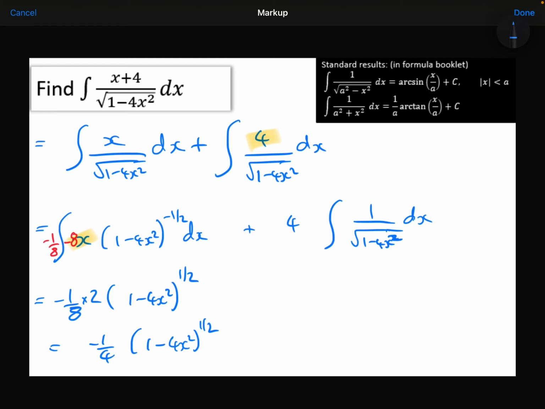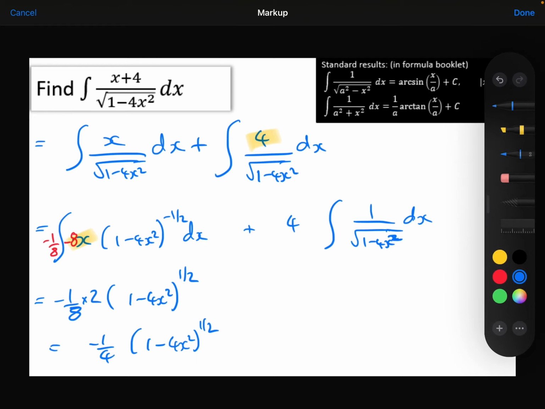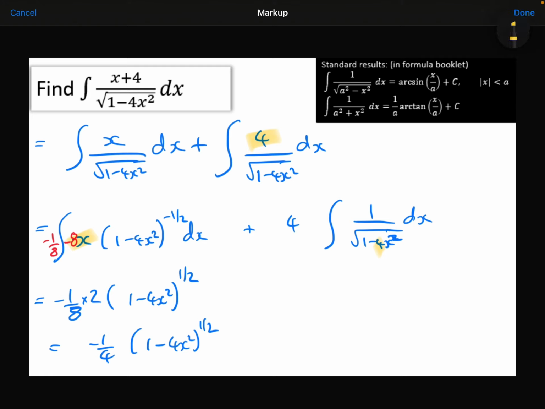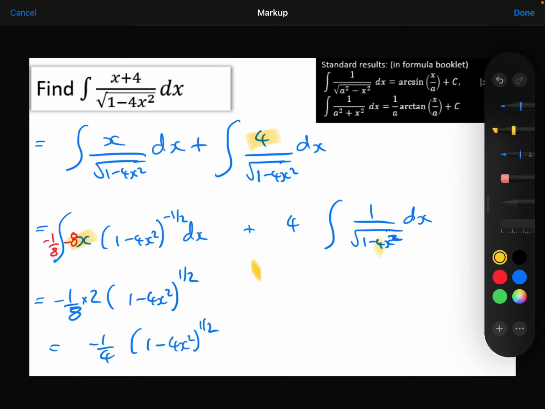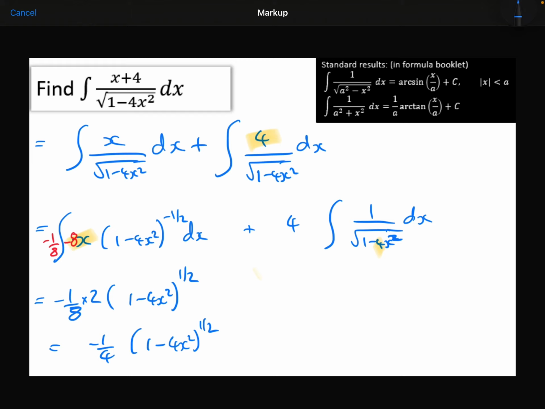But remember that I can't have the 4 in front of the x squared. I need to factor that 4 outside, which I can do as long as I square root it, because it is part of the square root. So I've got the 4 on the numerator there.